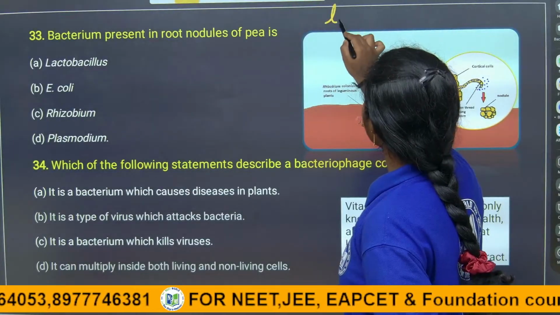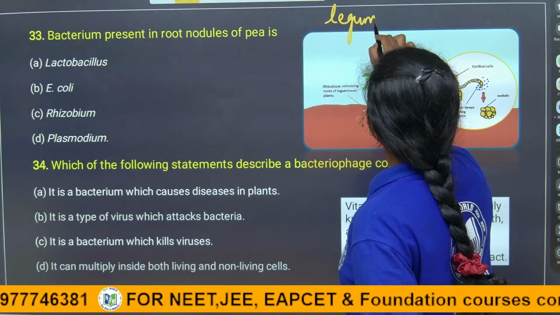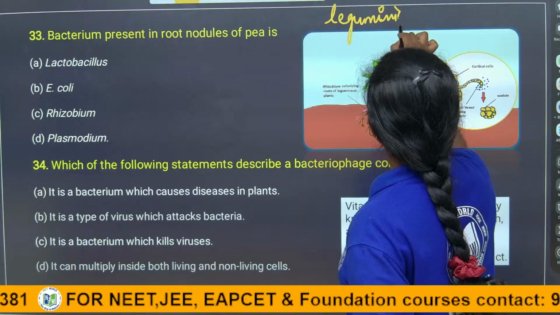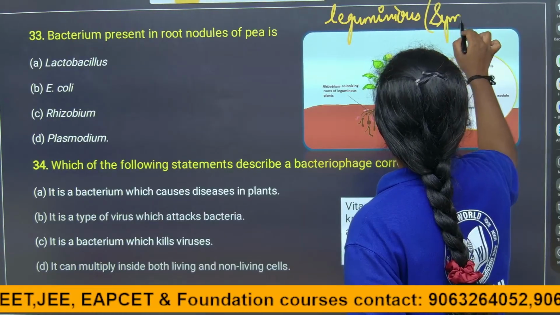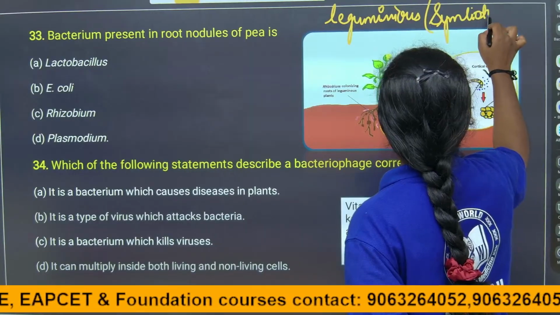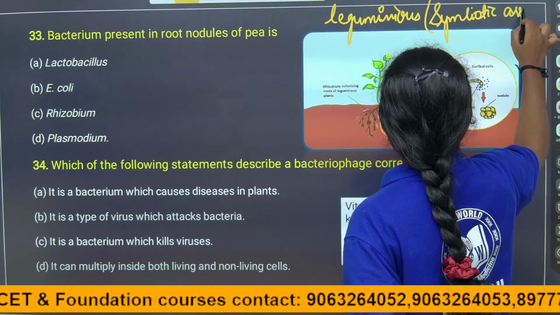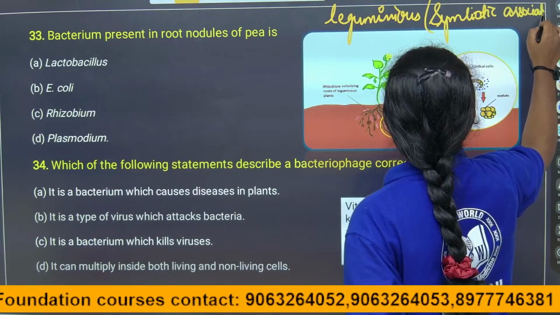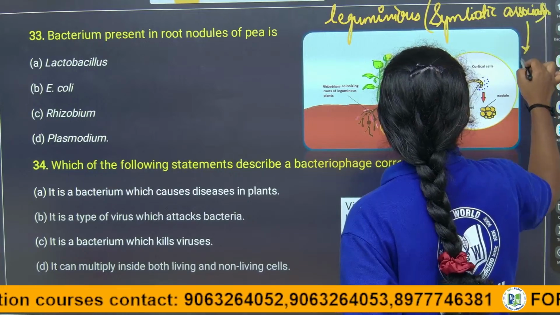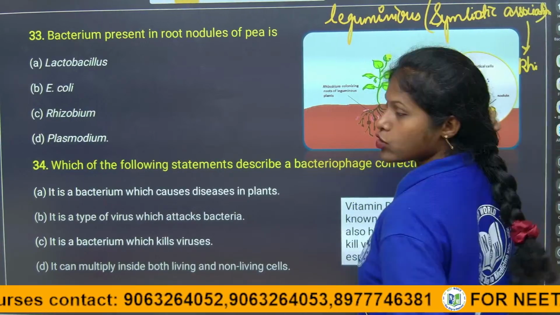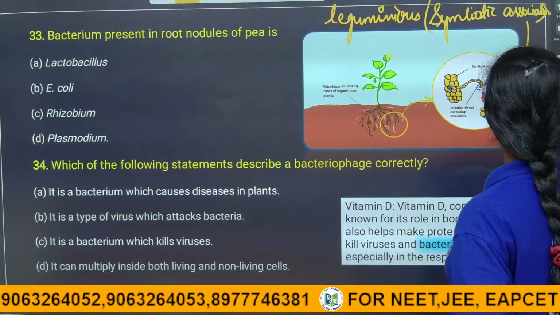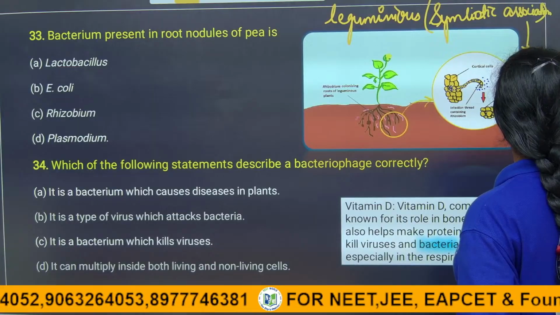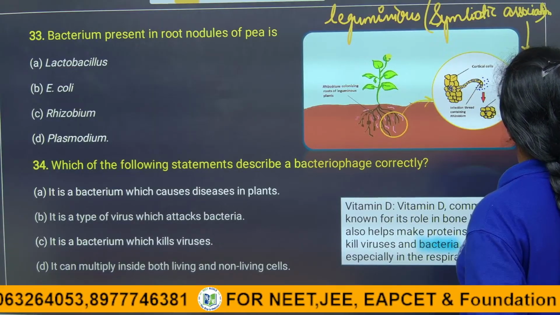Because they show a symbiotic association with bacteria, the name called rhizobium. The bacteria called rhizobium helps in the fixation of nitrogen.